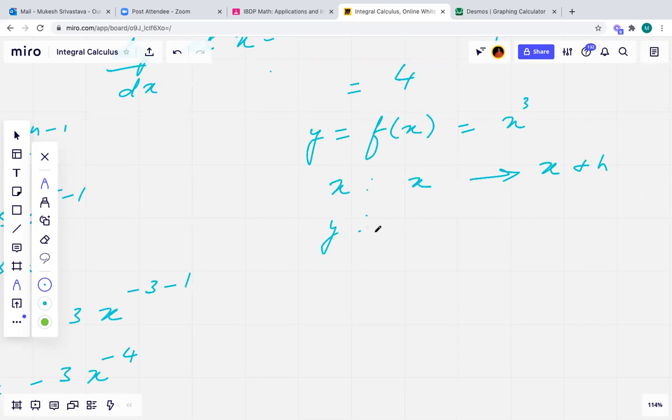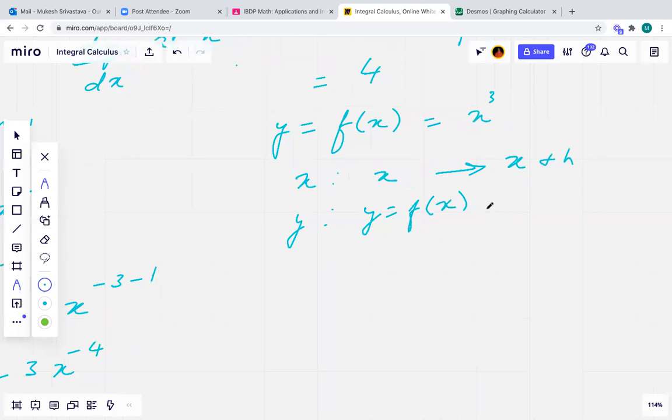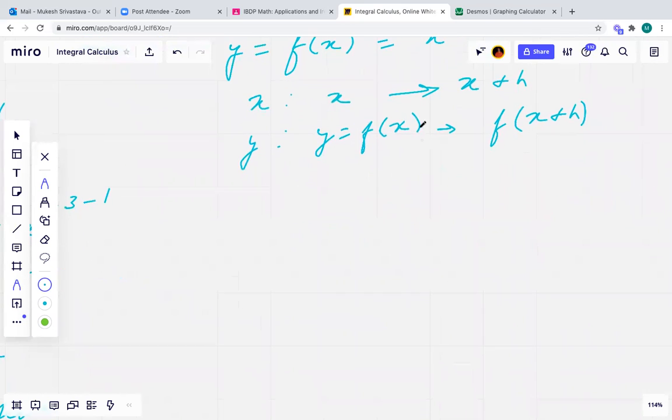When my x changes from x to x plus h, y changes from y equal to f of x to f of x plus h. Since f of x is x cube, y changes from x cube to x plus h cube.